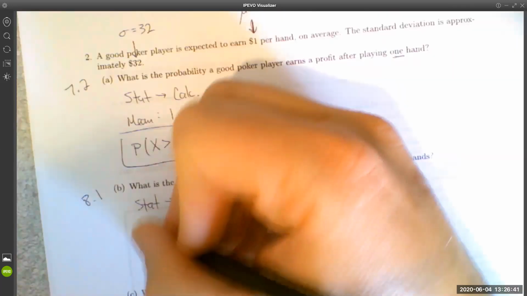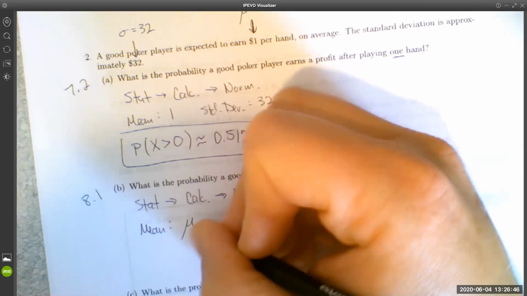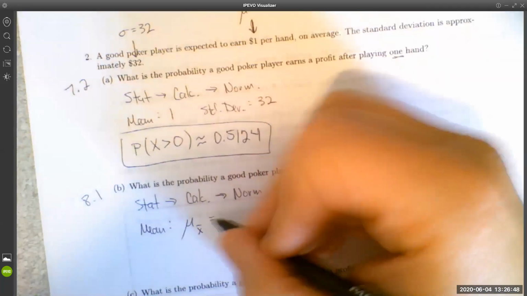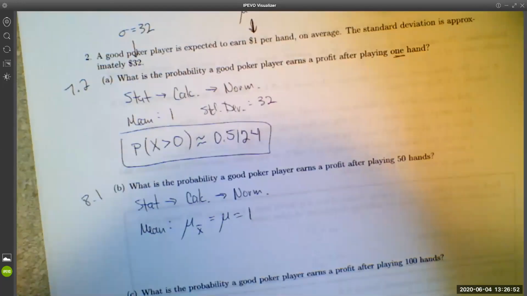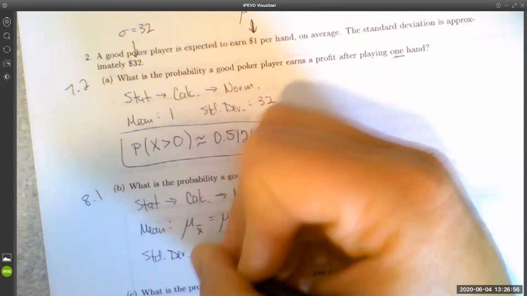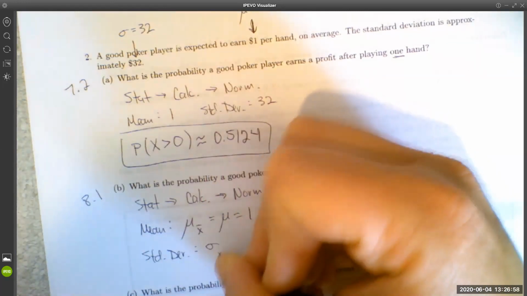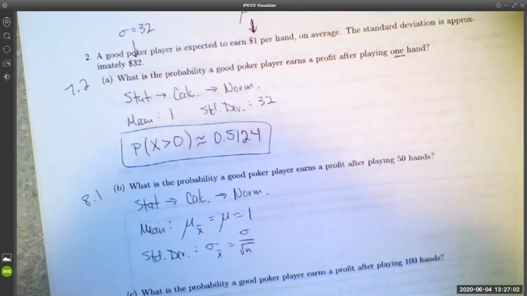This time for the mean, we're going to use the mean of the sample means, mu sub x bar. Turns out that that's the same thing as the population mean. Okay, so that's just equal to 1. For the standard deviation, on the other hand, the standard deviation of the sample means is equal to the population standard deviation divided by the square root of the sample size.